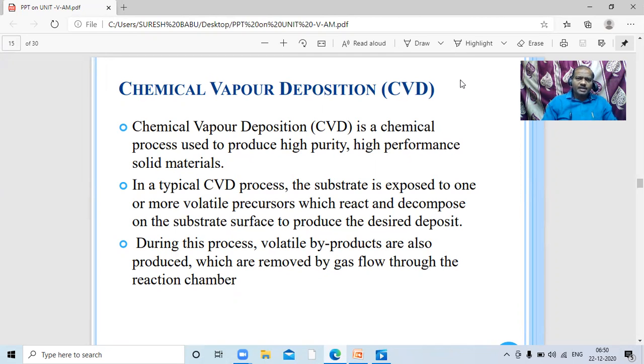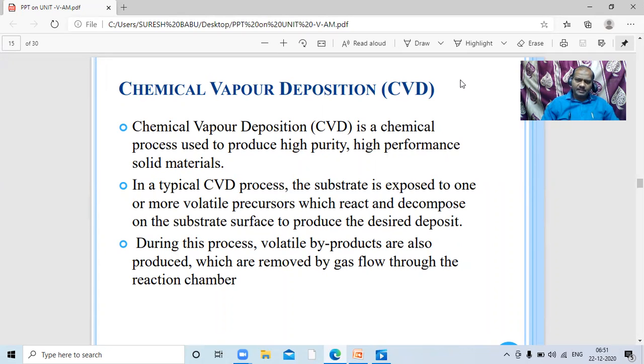Let us go for chemical vapor deposition, in short called CVD. It is a chemical process used to produce high purity, high performance solid materials. So by using chemical vapor deposition, the deposited material will have high purity and high performance.